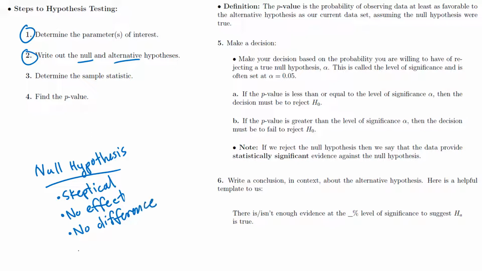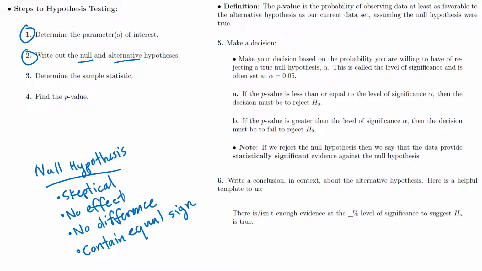We also talked about how it's always going to contain the equal sign. Okay, so these are all key phrases, and if you can apply one of these phrases to the situation that you're studying, then it's a good bet that that is your null hypothesis that you want to go with. Okay, and we'll talk about this more as we go into future examples.